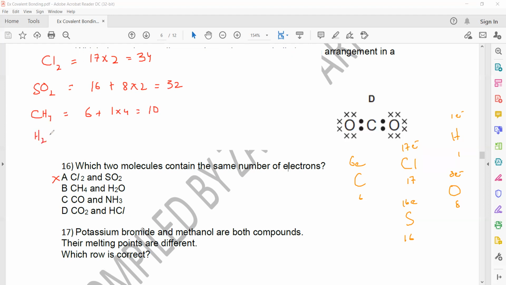And in water, H2O, hydrogen has 1 electron and there are 2 hydrogens, so total will be 2, plus oxygen has 8 electrons, so 2 plus 8 makes 10. So CH4 and H2O both have 10 electrons, that's why B is the right answer. So using a proton number or atomic number, you can work out their number of electrons.